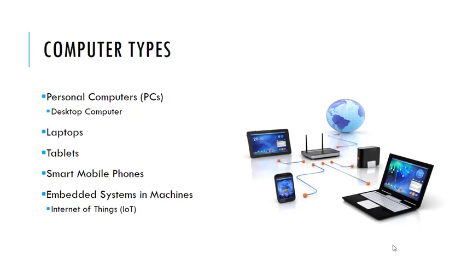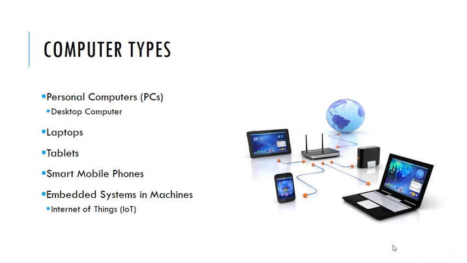Nowadays we have others that are mobile and that can send and receive information over the network. Every single human can now be connected to a computer network through PCs, laptops, tablets, smart mobile phones, and through what are called embedded systems inside some of the electrical or mechanical machines.